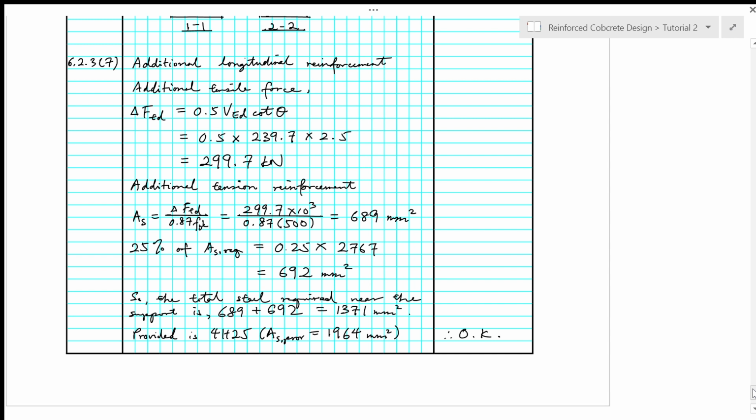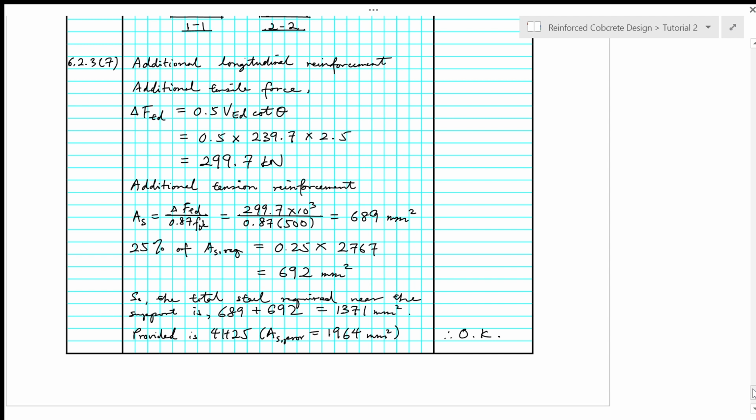And then we need 25% of As required for bending near the end of the supports. So 25% of 2767 square millimeter is 692 square millimeter. So as you can see, as I mentioned before, providing 50% of the As required near the end of the support for a simply supported beam is sufficient to satisfy both bending and additional tension force from shear.